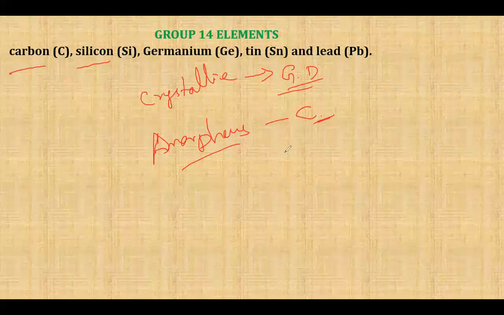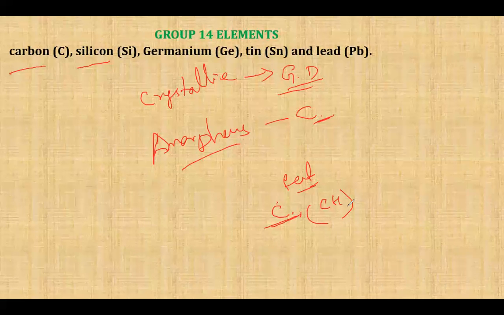Carbon occurs in combined state form, in the form of proteins, carbohydrates, fats. It is present in hydrocarbons, in natural gas and petroleum. Natural gas consists of carbon as a major content, and petroleum products have carbon and hydrogen.